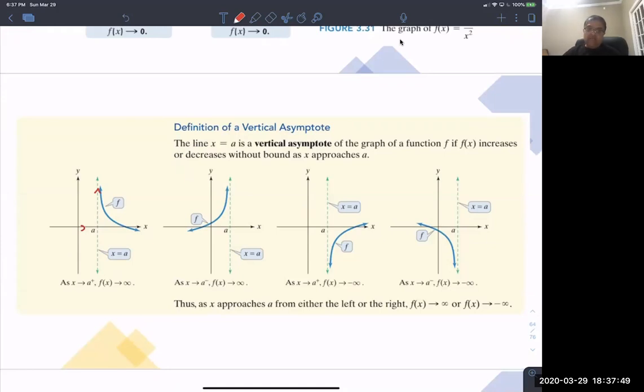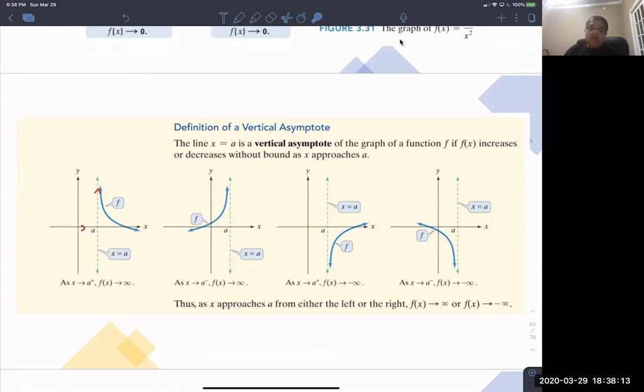Okay, so if you look at this diagram right here, in the first diagram, as x approaches a from the right, f of x shoots off into infinity. And as x approaches a from the left, f of x shoots off into infinity. So this is known as a vertical asymptote.